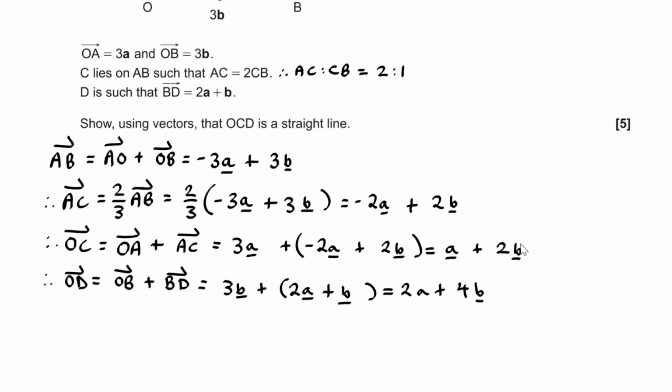And therefore, if we compare these, you can see that OD is equal to twice OC. In other words, multiplying OC by 2, we get this. And therefore, what we can conclude is OCD is a straight line.